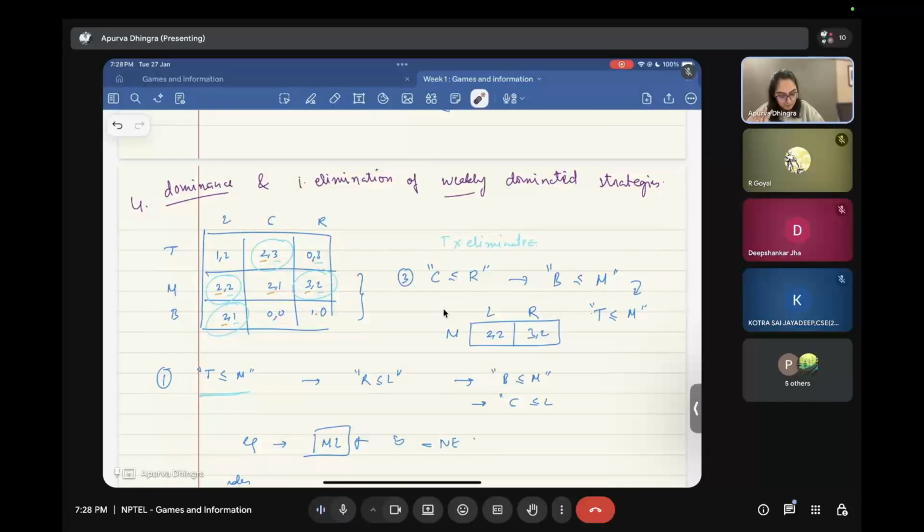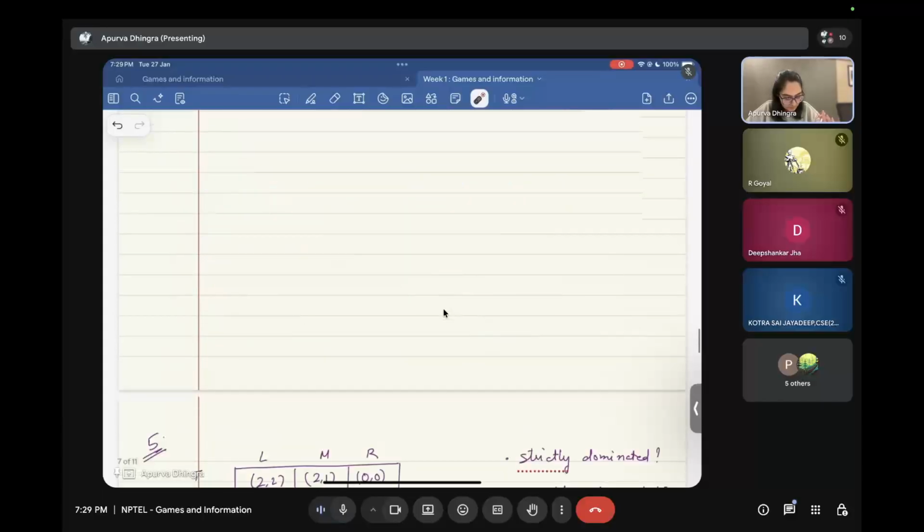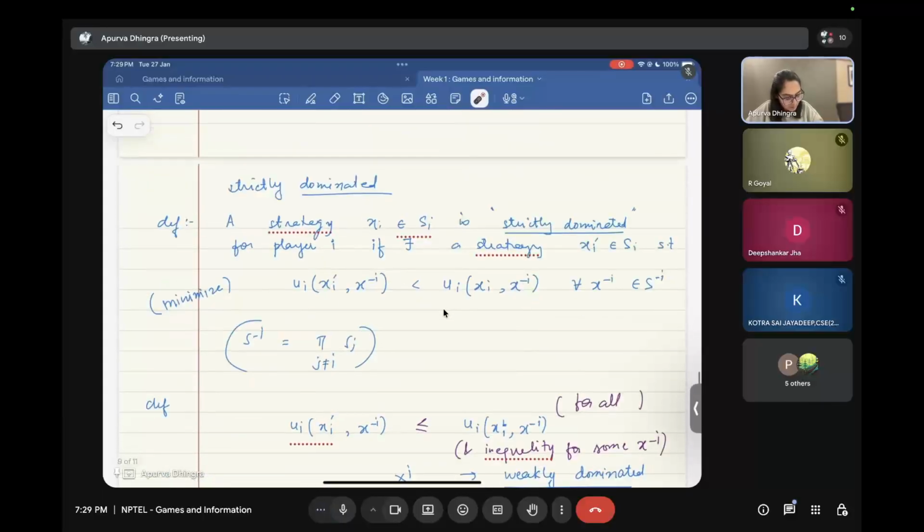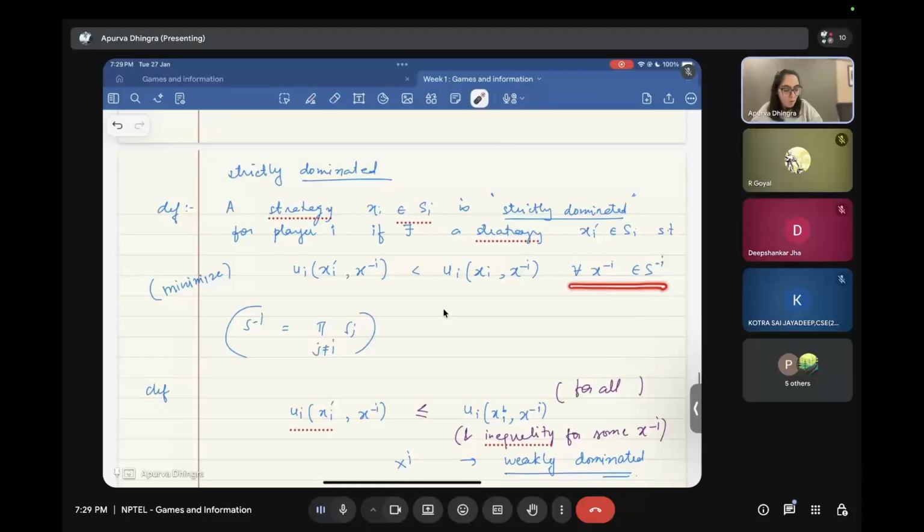That's why we said that R is better than C, irrespective of what the other agent has done. So irrespective is important, and it shows up in the definition in the form of saying it's for all the other x minus i strategies, meaning the strategies of the other agents.